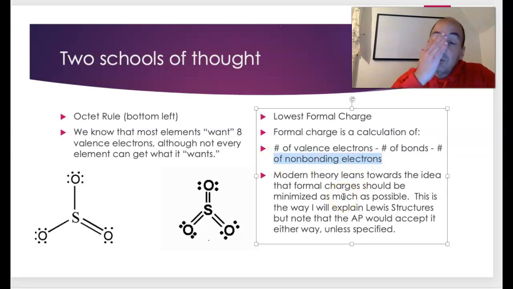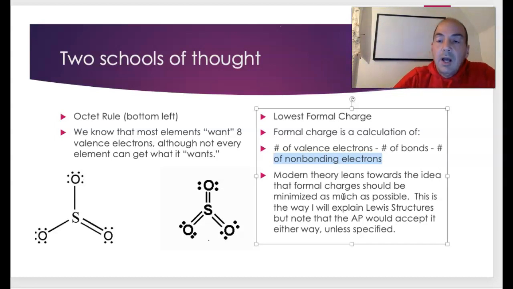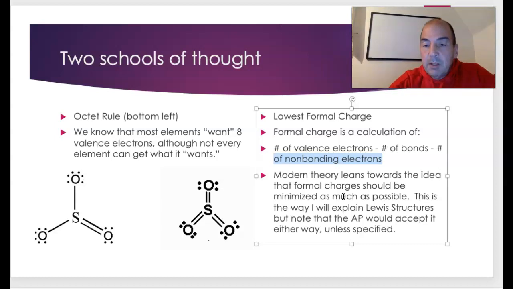When we do this, we get numbers, and hopefully we get more zeros than non-zero numbers. Well, I guess 0 is a number. So when we can minimize formal charge, it's showing that the atoms are bonding more typically and equitably. I'm not sure if that's really what I want to say there. Let me explain it further.